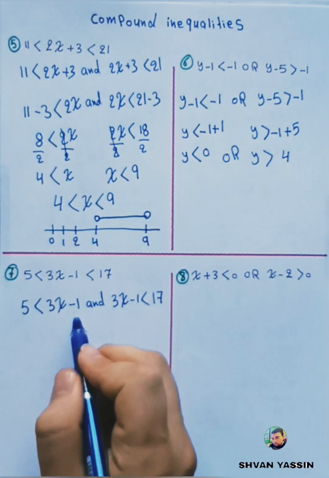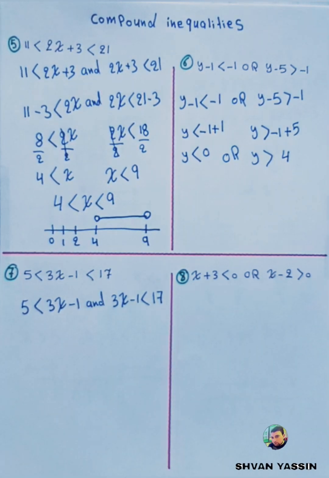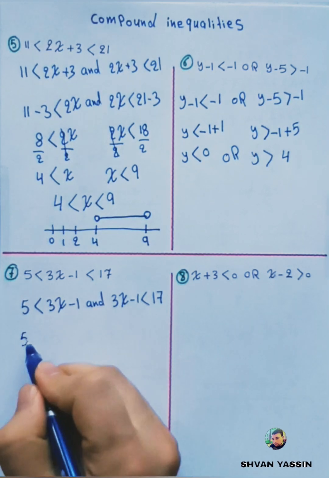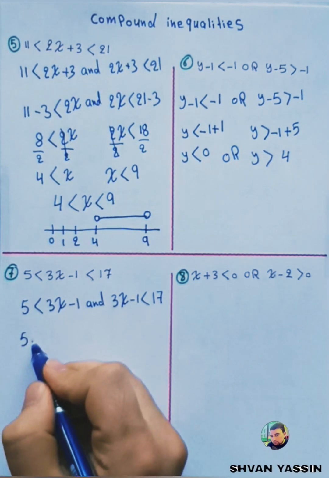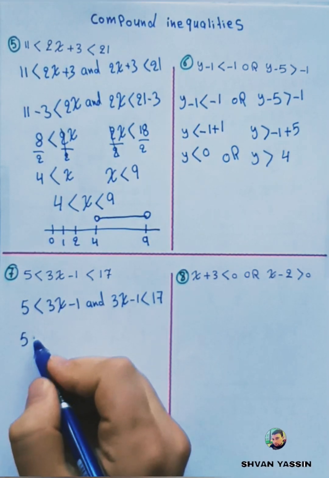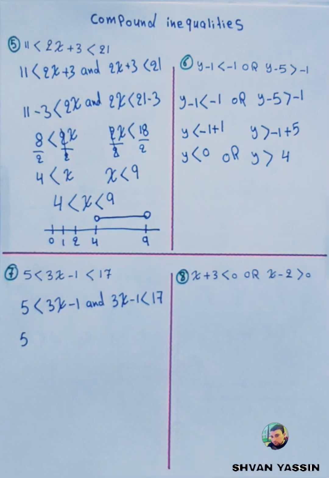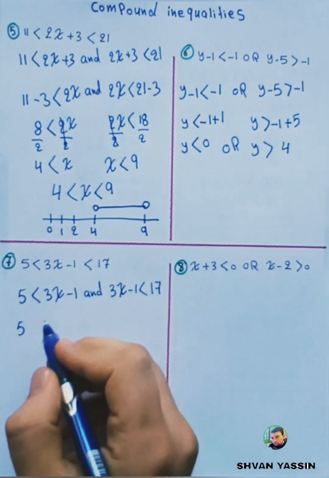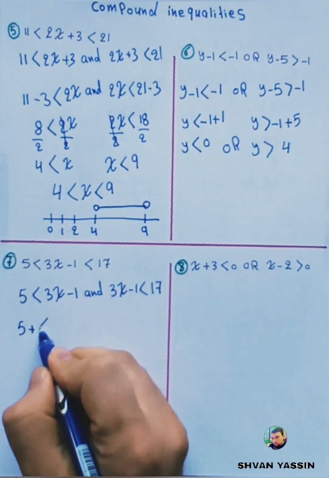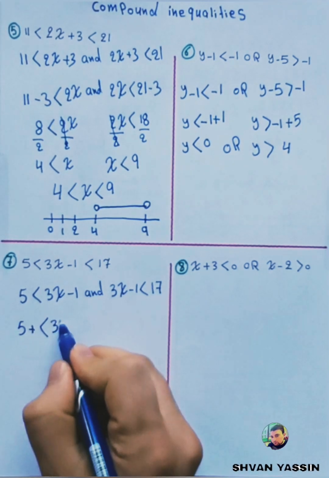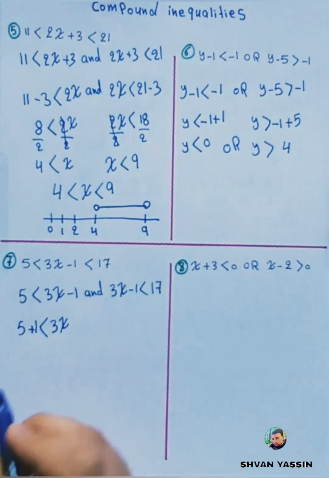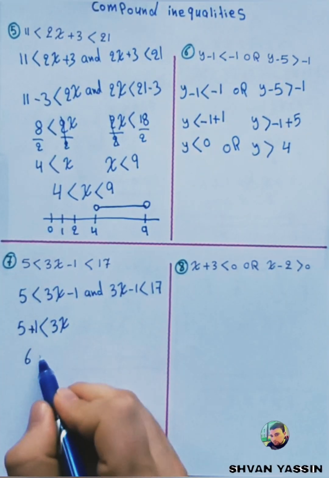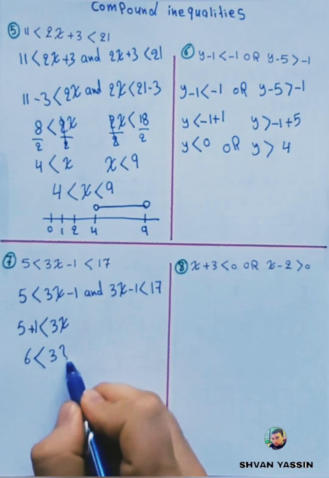So we have to change the place of -1 to the left side. So we have 5, so -1 becomes +1, is less than 3x. After that, 5 plus 1 equal to 6 is less than 3x.